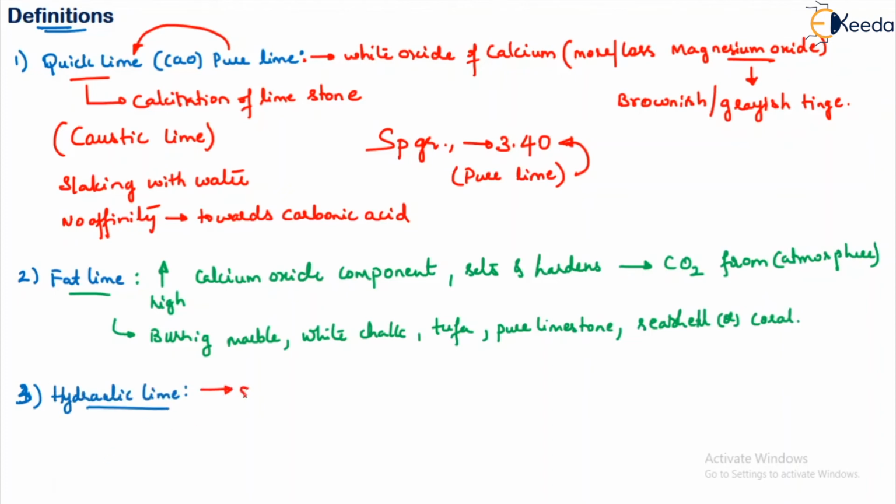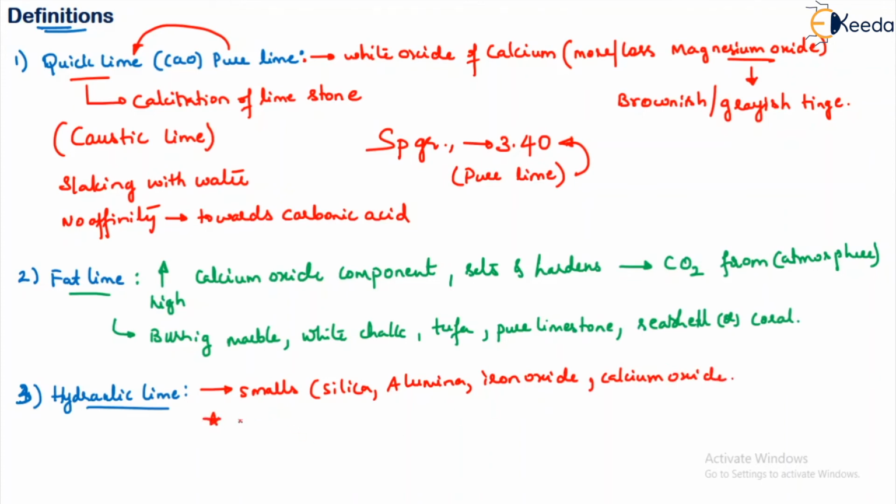The next definition you need to understand is the hydraulic lime. The hydraulic lime generally contains a very small quantity of silica, alumina, and iron oxide in chemical combination with the calcium oxide.